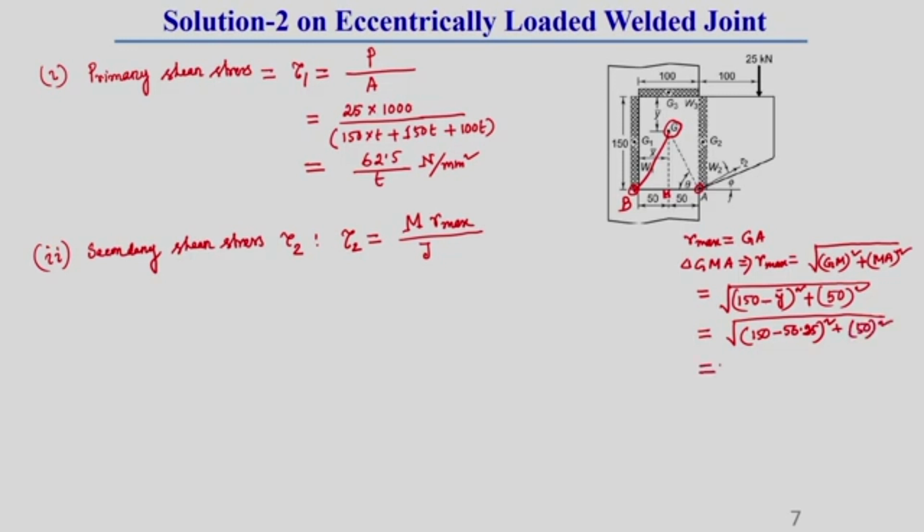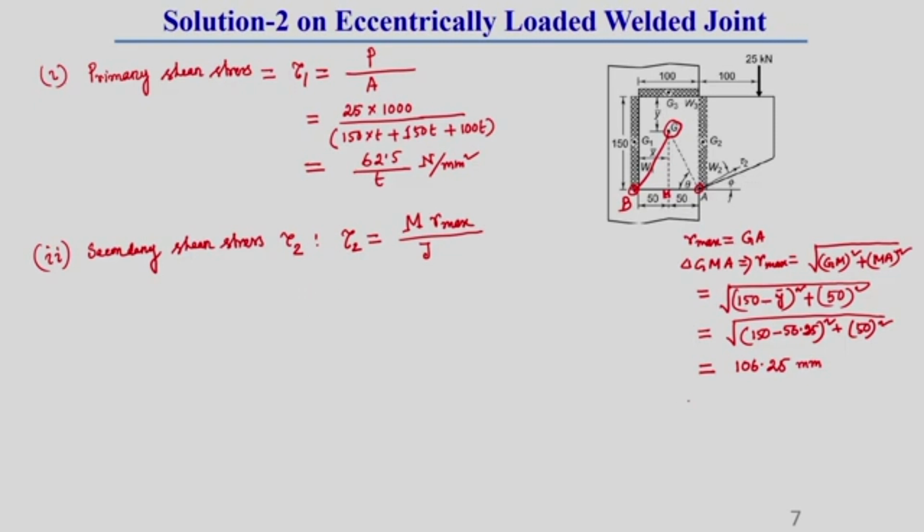So, here we are getting R max equal to 106.25 millimeter. R max is known to us, M is also known to us.